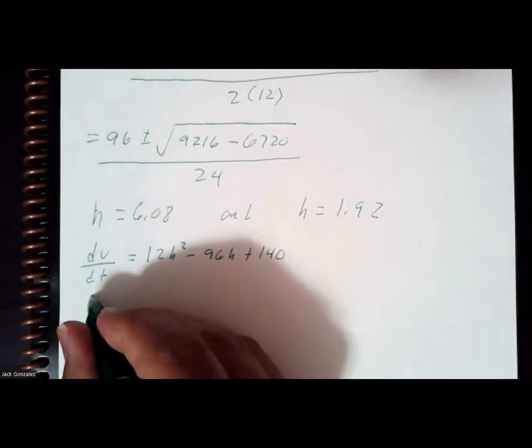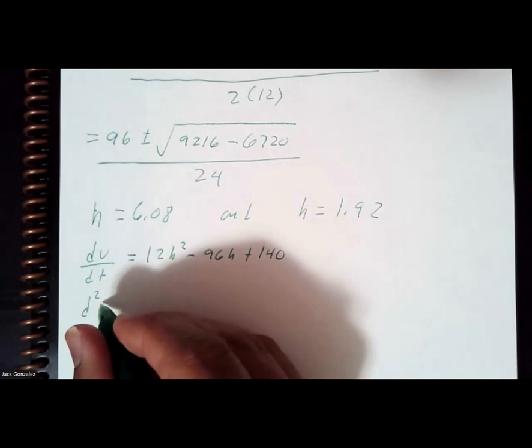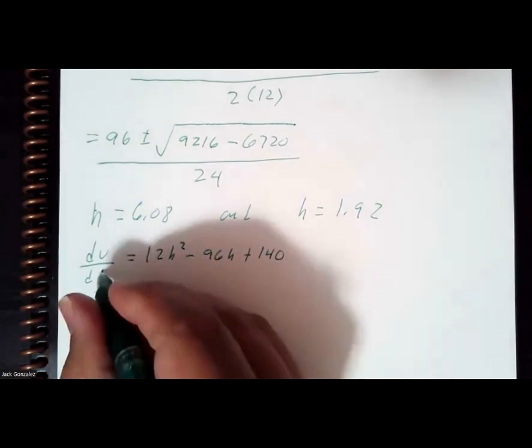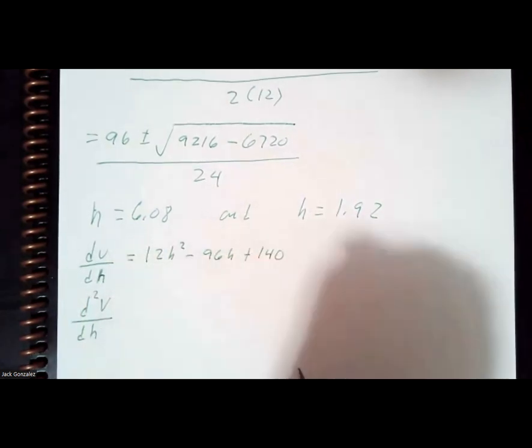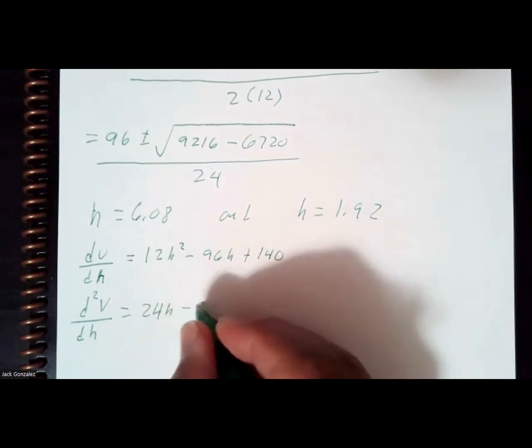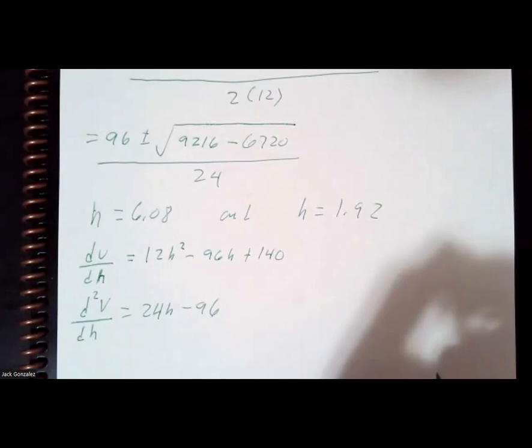Because we said if it's positive, then it is concave up, which is a minimum. If it is negative, it's concave down, which is a maximum. So there's the second derivative.